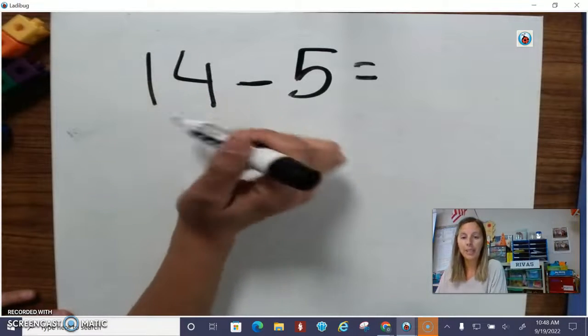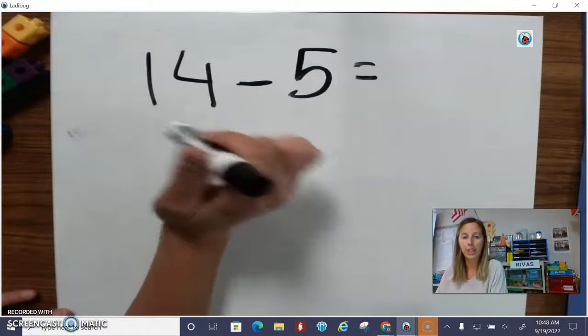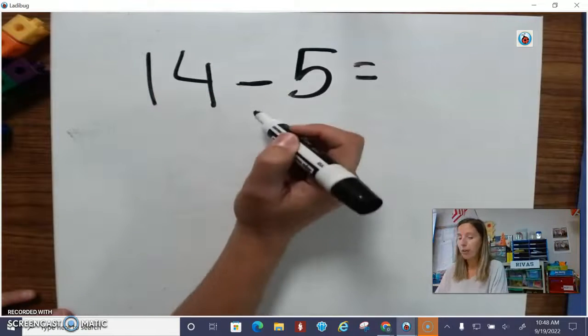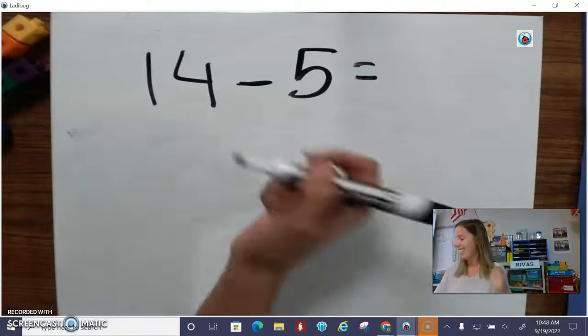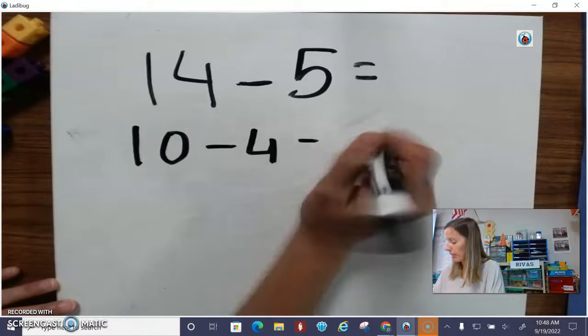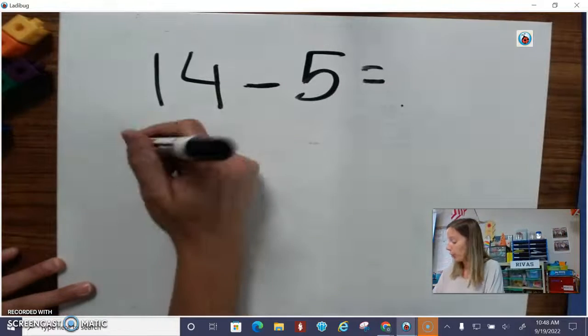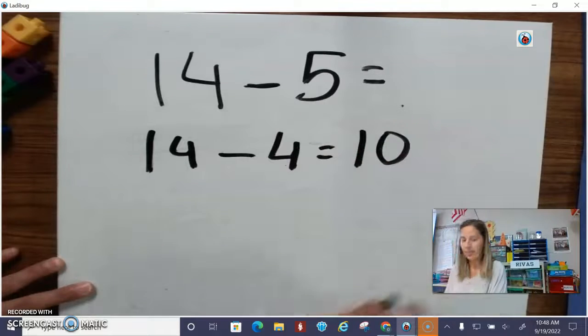So to make this one a 10, I need to take 4 from 14. So if I take 4 from 14, I'm going to have 10.